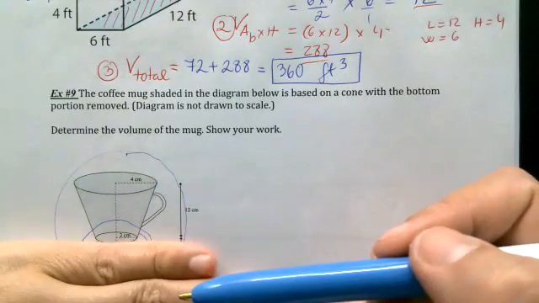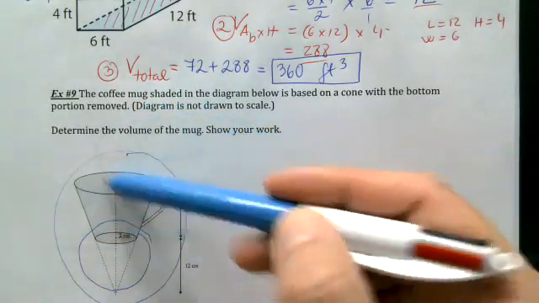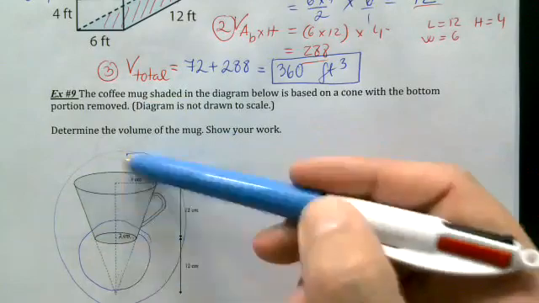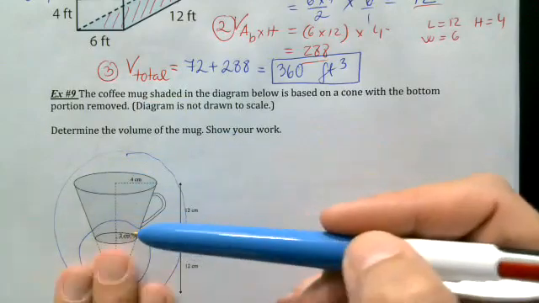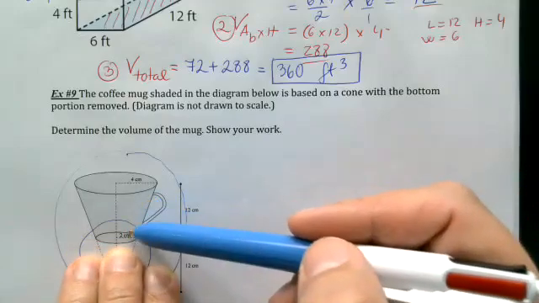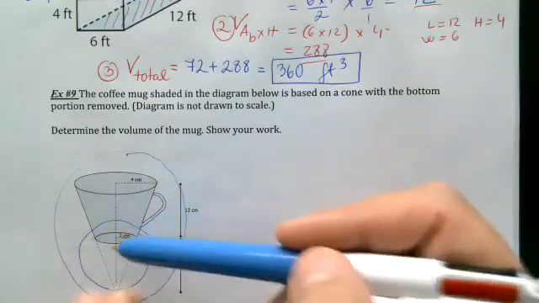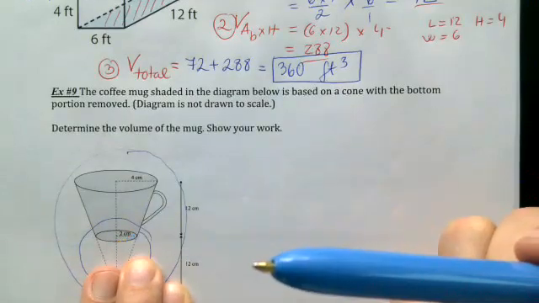Make sense? So if you want to put water in the cone, it's going to fill up the entire big cone. But if you want to only make a cup that's less than the bottom of that cone, you're going to have less water in it. How much less water? The volume of the bottom cone. Make sense?